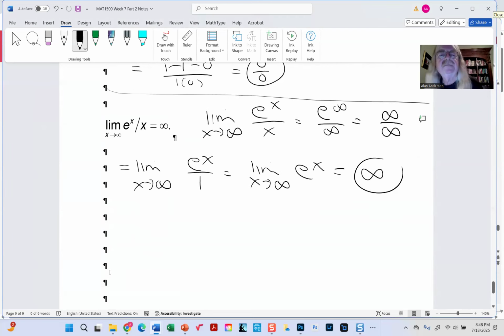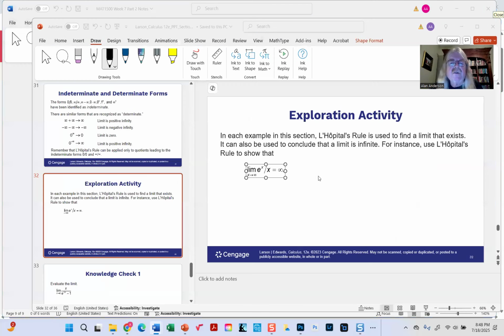Okay, because let's quickly look at this function, e to the x over x.